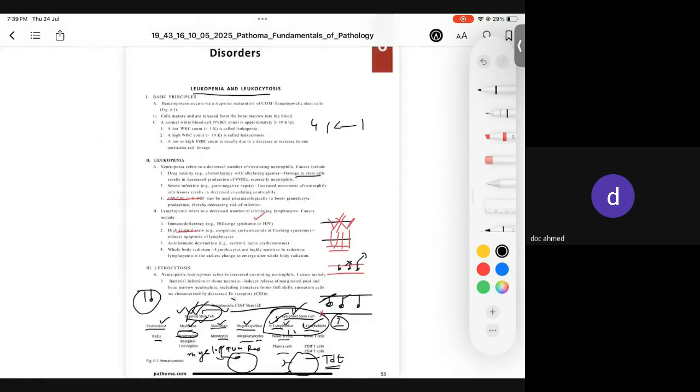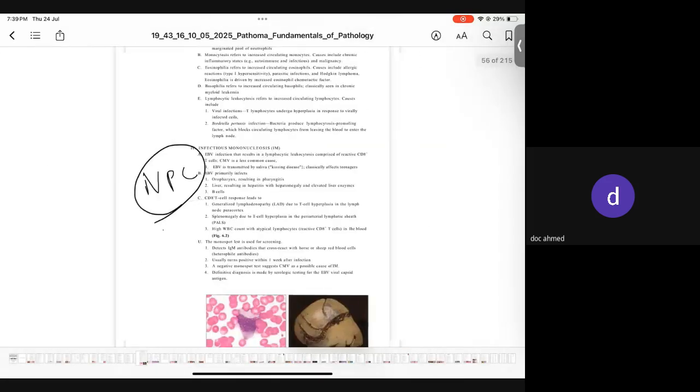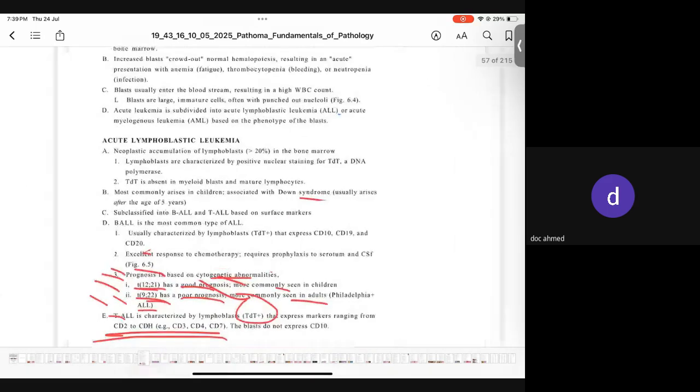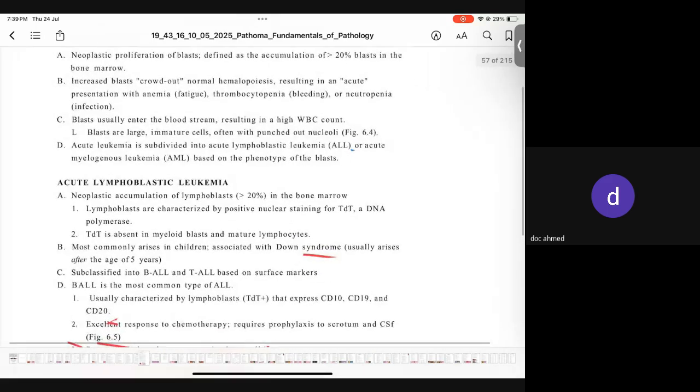So let's come towards our text and break it down. Acute lymphoblastic leukemia. It's lymphoblast, which means it's from the lymphoid lineage, right? What acute suggests is a cancer of the blast. It can either be B lymphoblast or T lymphoblast.